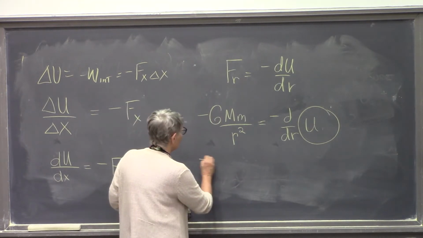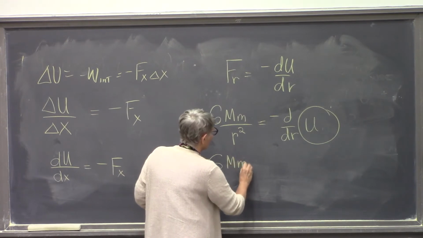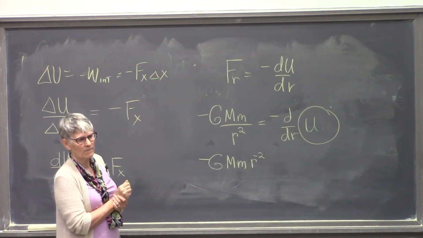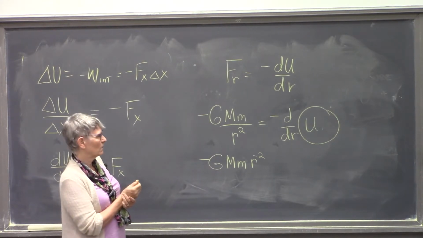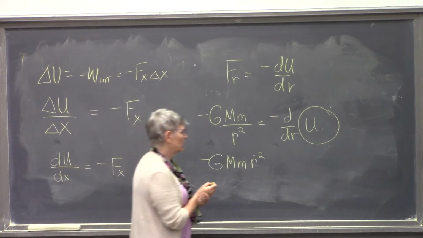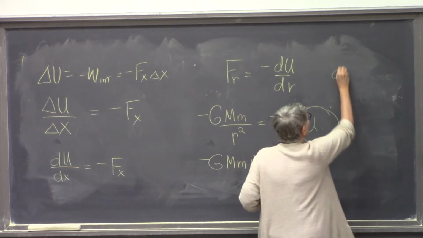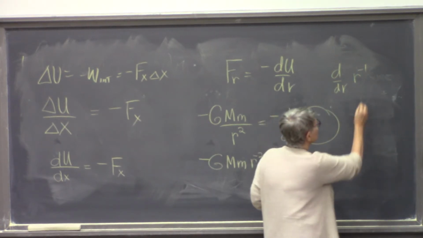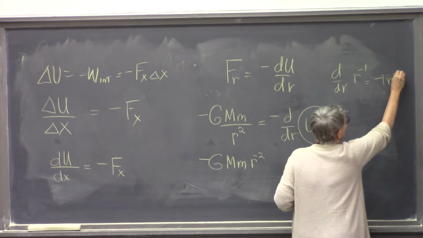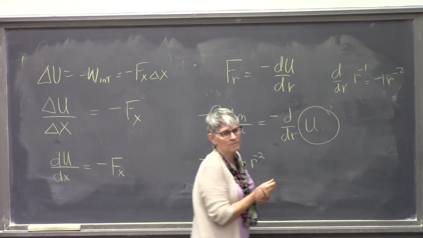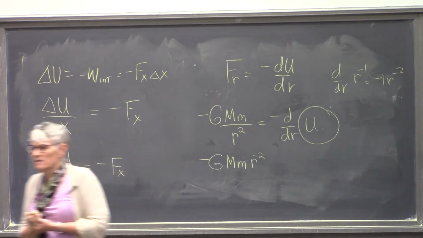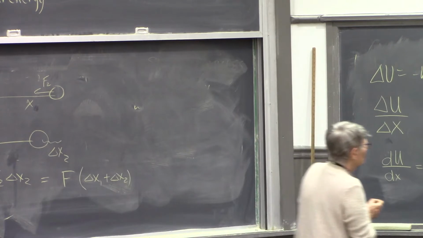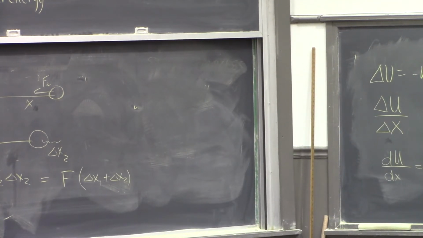Let's rewrite it as minus G m m r to the minus 2. The derivative of r to the minus 1 is minus 1 times r to the minus 2, right? So making sure to get our signs right, these two signs cancel.